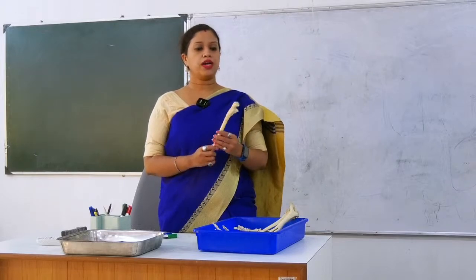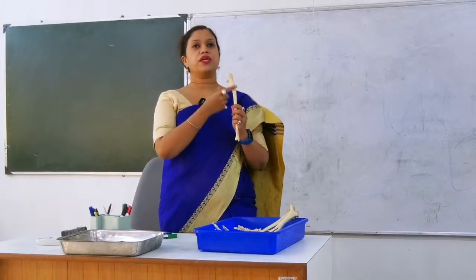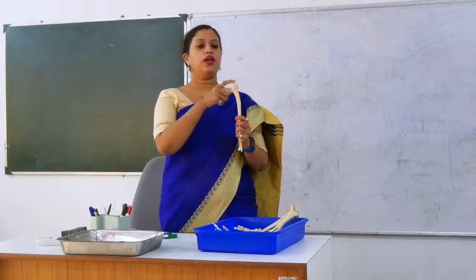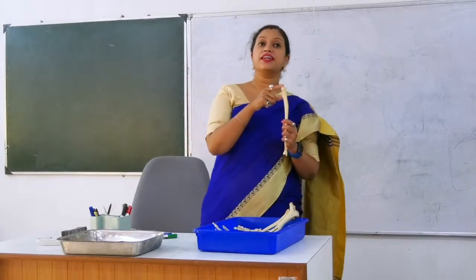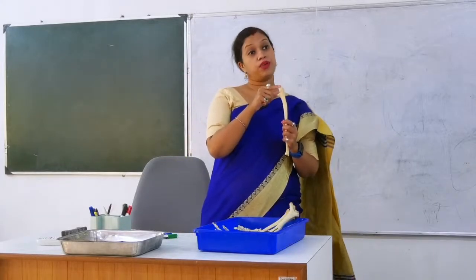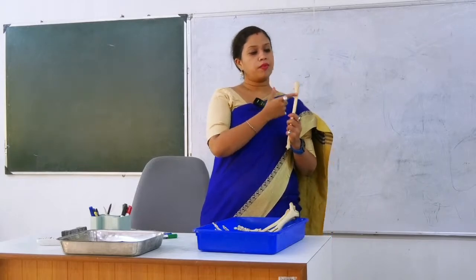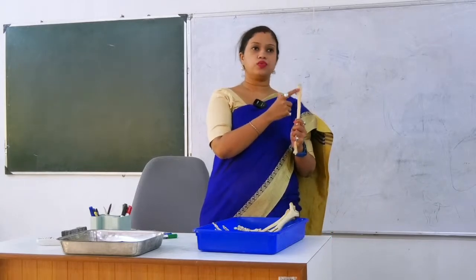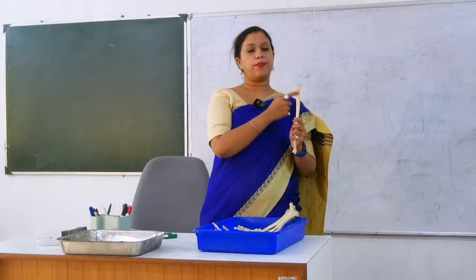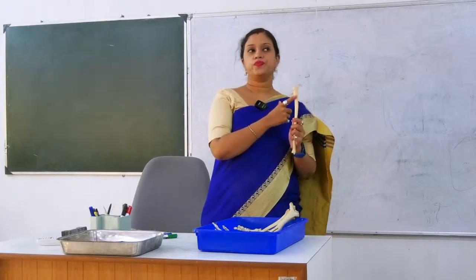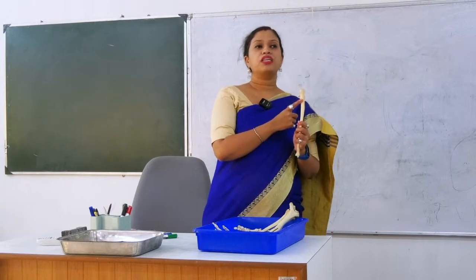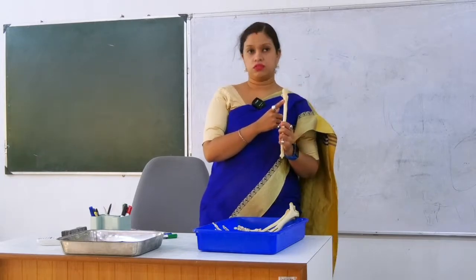Now we will come to the posterior aspect of the upper end. Already for the superior surface we told which thing is attached: the insertion of triceps. Remember. This one is subcutaneous. Just below that, on this upper end, one very important muscle is attached, that is known as anconeus.